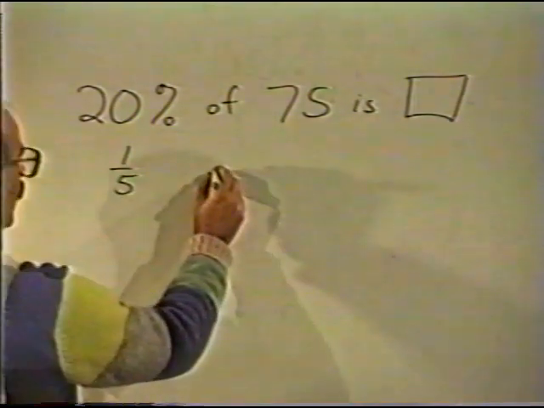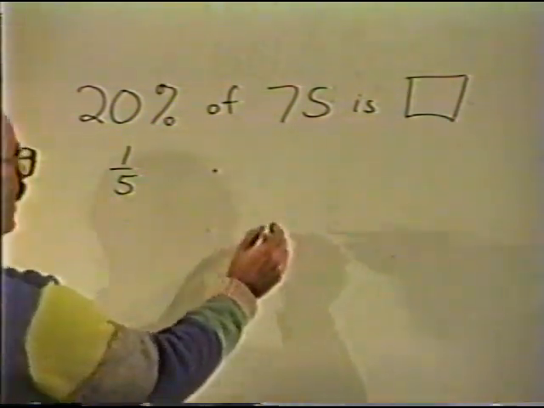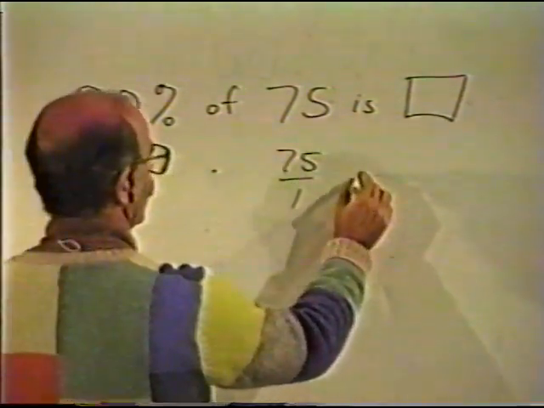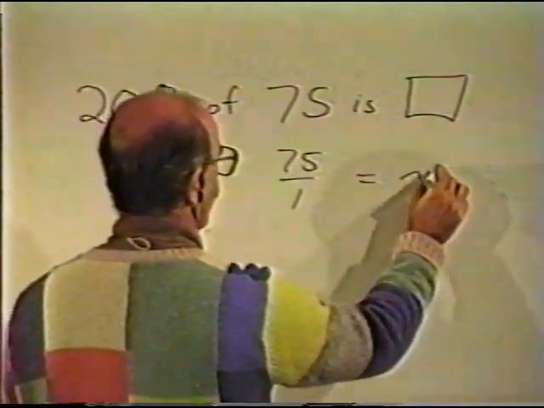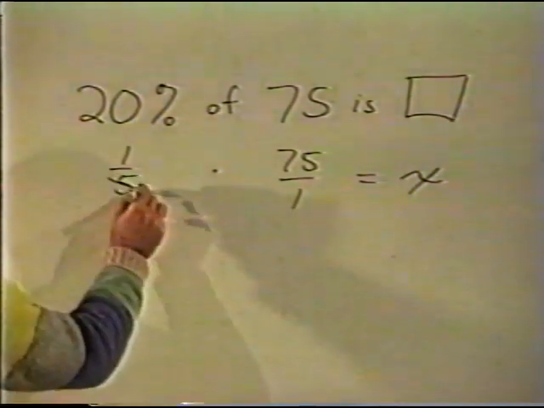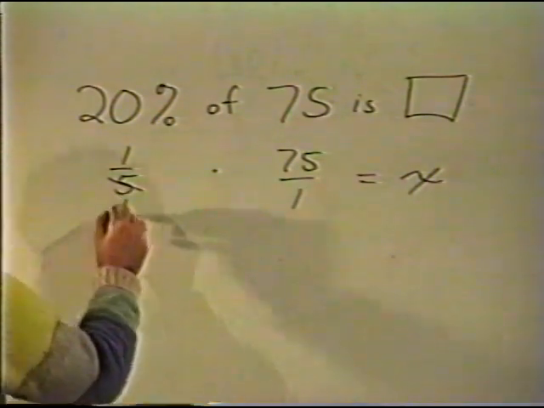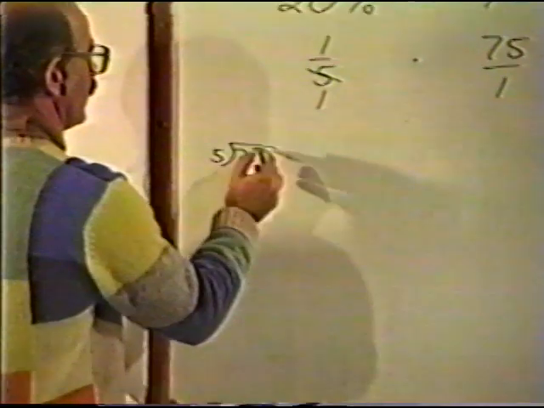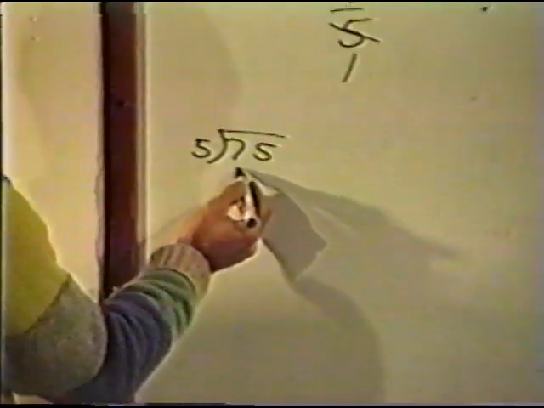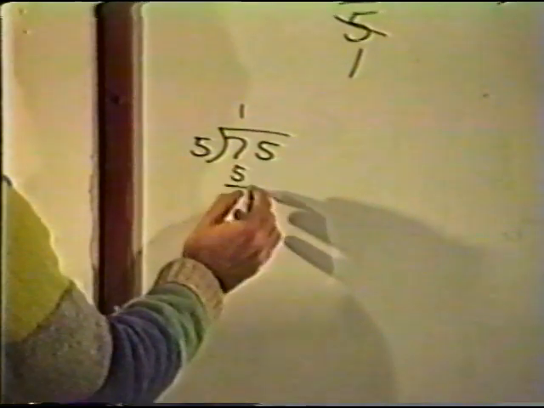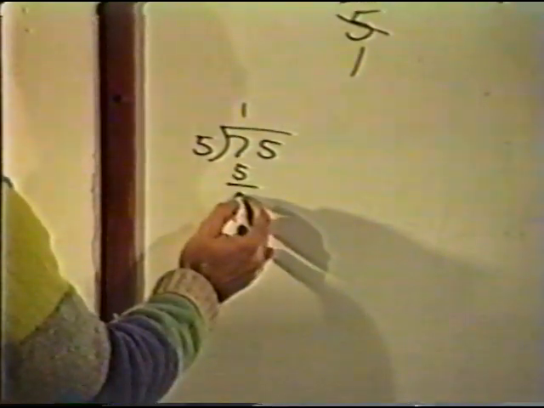1/5 of becomes times 75 over 1 equals x. Can we cancel? Yes. 5 into 5 is 1. 5 into 75. 5 into 7, 1. 1 times 5, 5. 7 take away 5, 2.